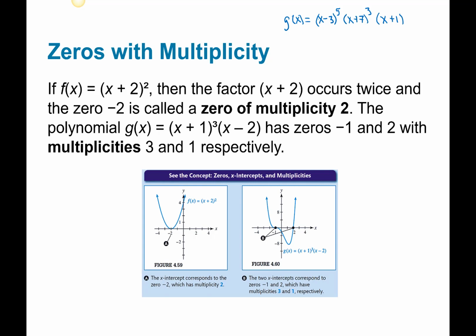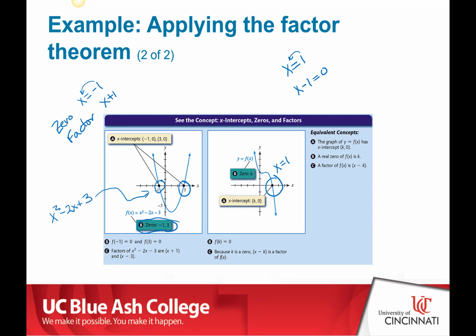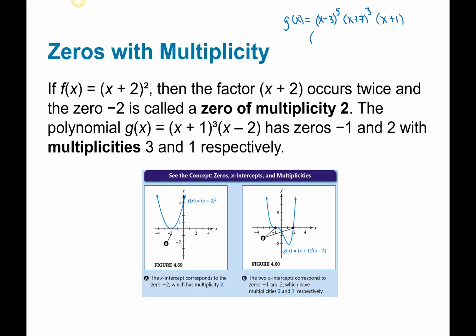We could write that thing out, and if we wrote it out, it would be x minus 3 times itself how many times? 5 of them.